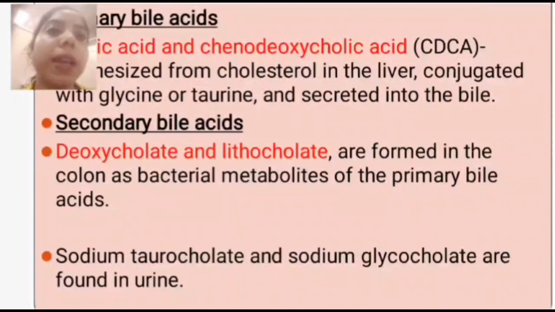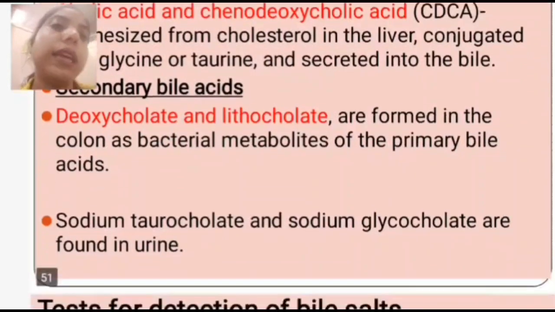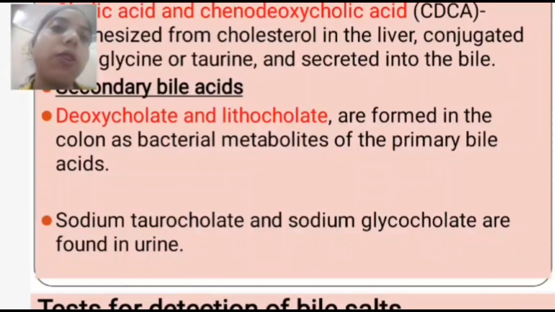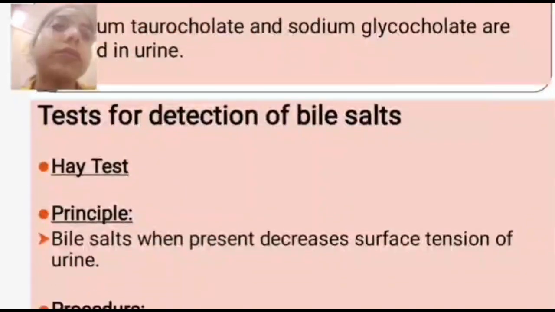Then there are secondary bile acids, that is deoxycholate and lithocholate, which are formed in the colon as bacterial metabolites of the primary bile acids. And sodium taurocholate and sodium glycocholate are found in urine.